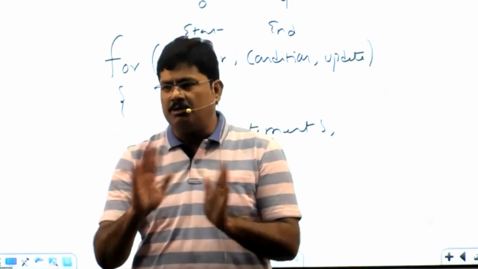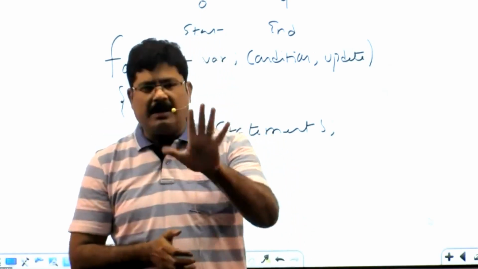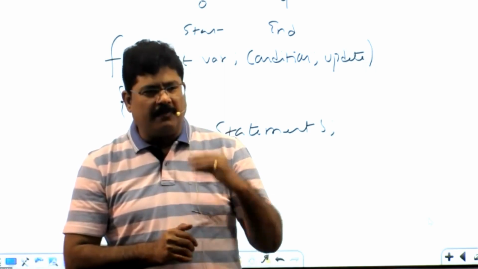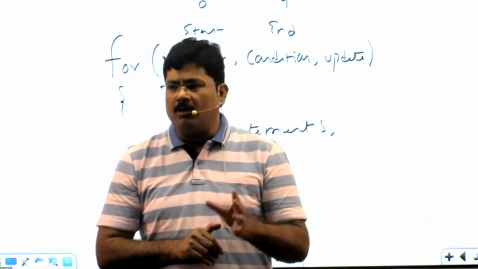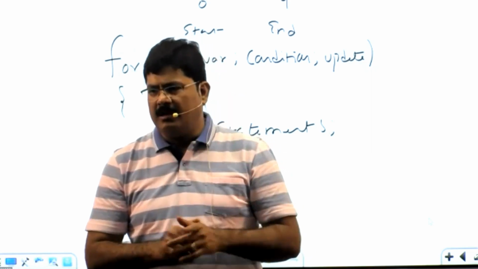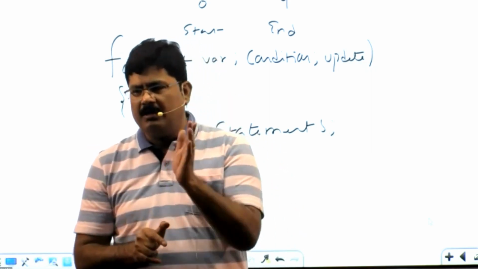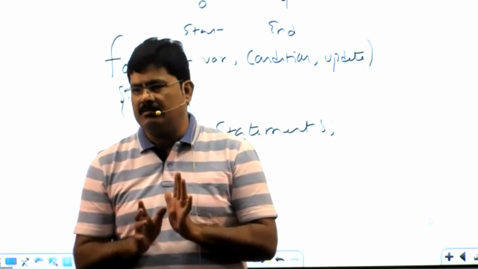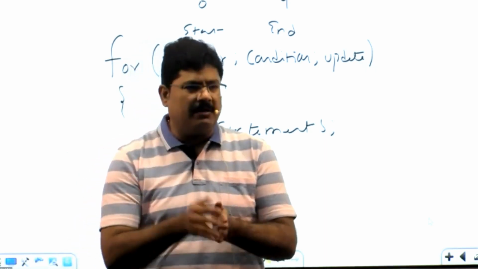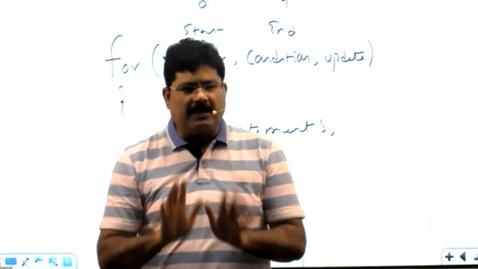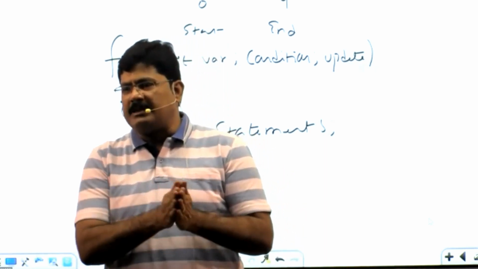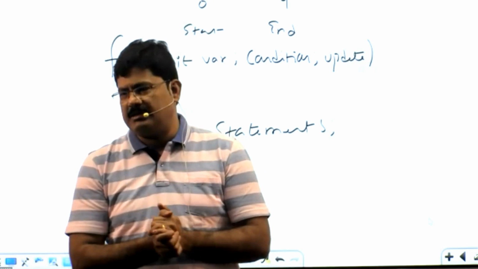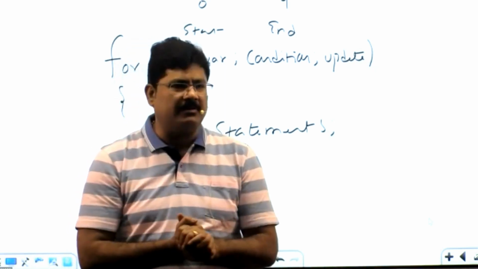If 10 items are available, code will run for 10 items present in the array. If 100 items are available, code will run for 100 items. You don't have an option to decide the starting value and ending value. For each loop will run the code for all of the elements present in the array list.